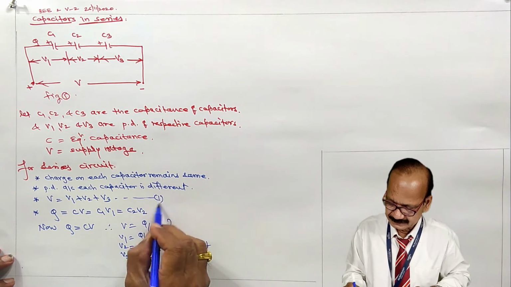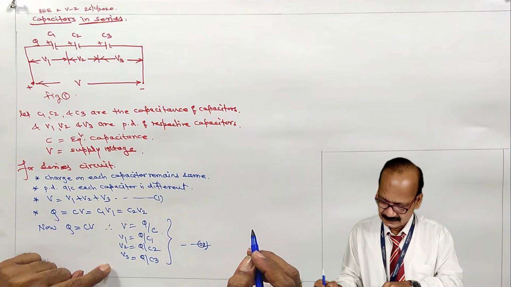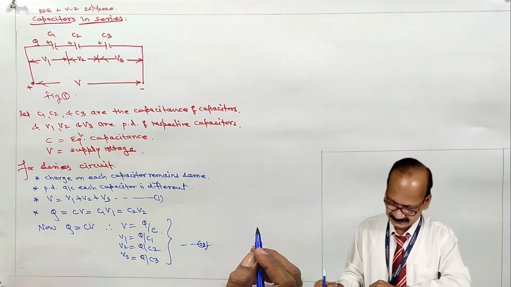So this is equation 1, this is equation 2. Now putting the values of equation 2 in equation 1.